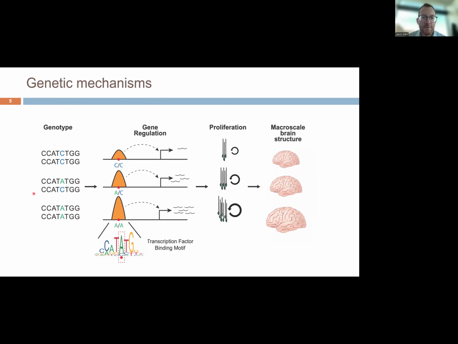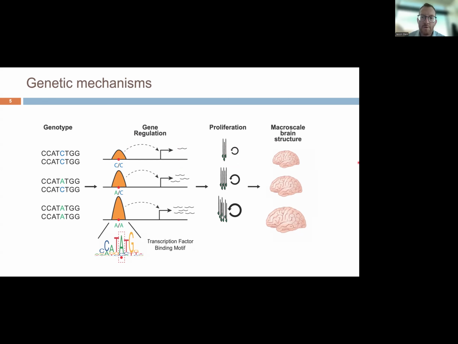These phenotypes that we're interested in are, for example, gene regulation, molecular switches like enhancers or promoters that turn on or off gene expression, the levels of gene expression themselves, including within specific cell types or specific conditions, mechanisms like proliferation, and then ultimately differences in macroscale brain structure.